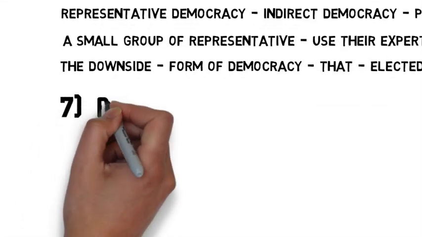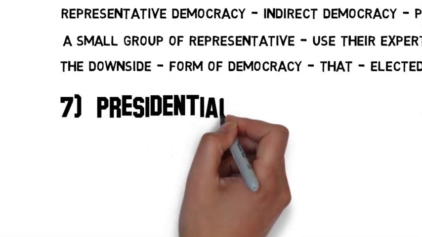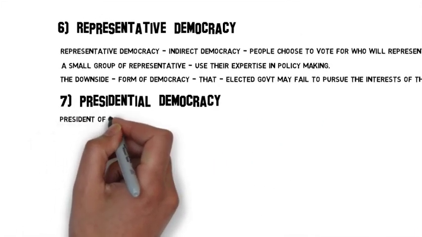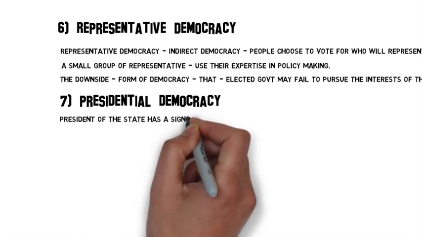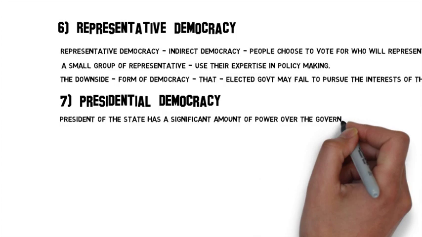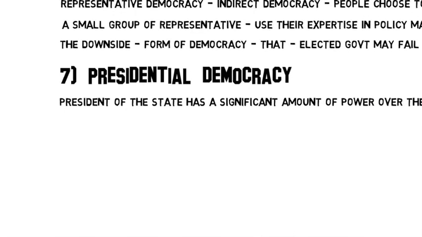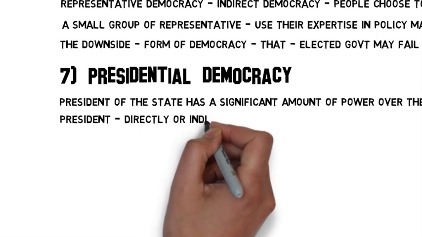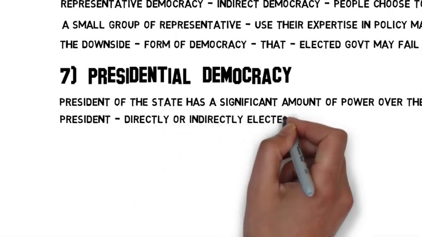Moving on to point number 7, we have presidential form of democracy. Well, under the presidential form of democracy, the president of the state has a significant amount of power over the government. He or she is either directly or indirectly elected by citizens of the state.